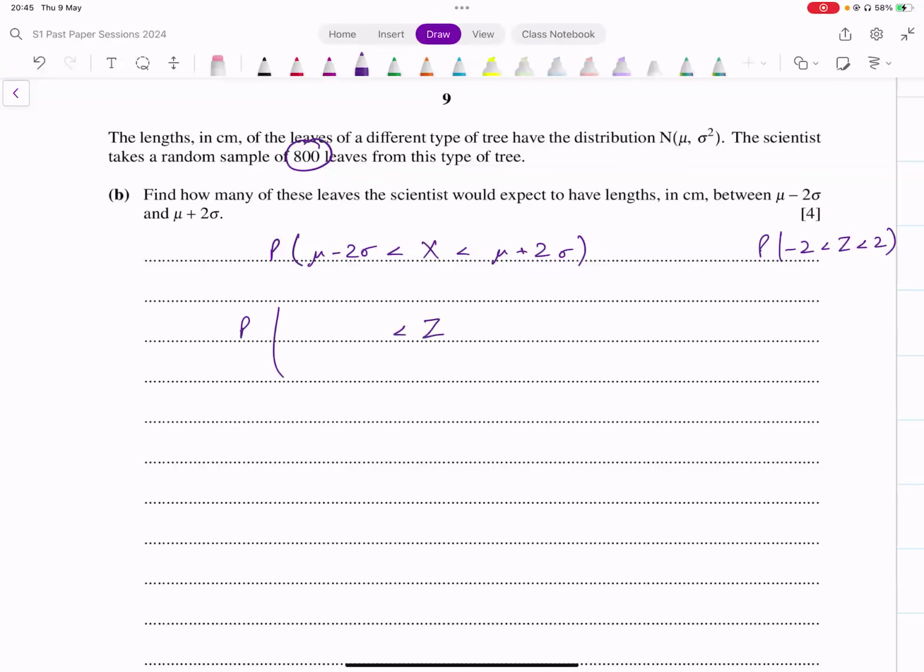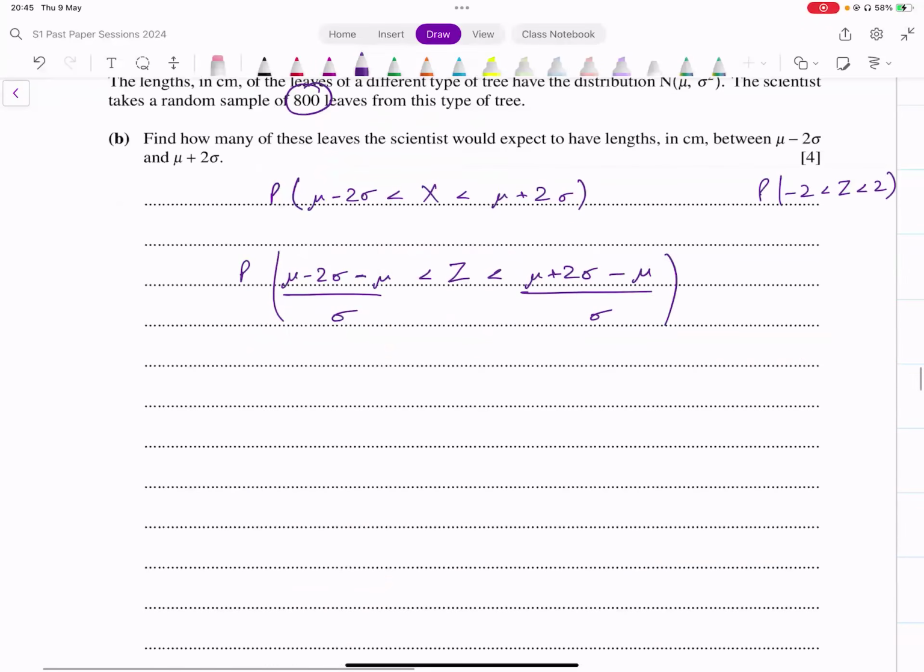Z is going to be between mu minus 2 sigma, this is x, right? minus the mean, which is mu, divided by standard deviation. Mu plus 2 sigma minus the mean divided by standard deviation. What do you get? Mu and mu get cancelled.